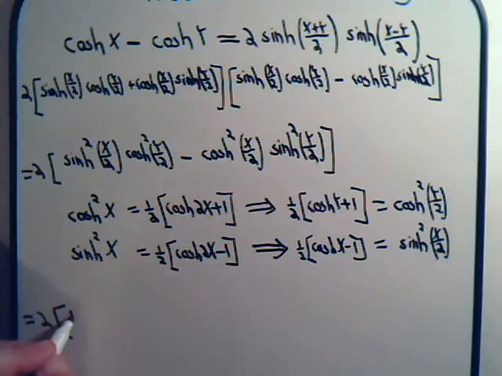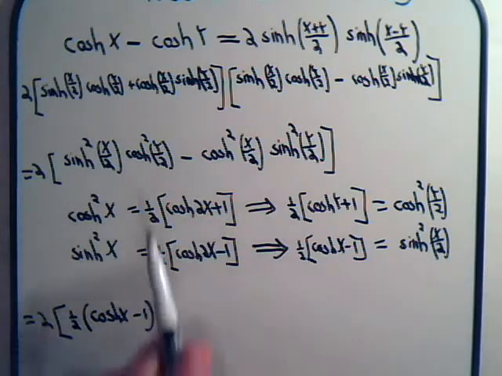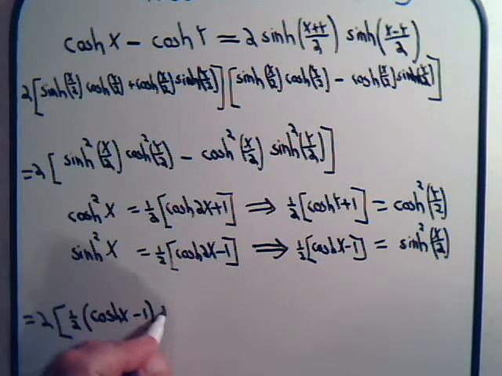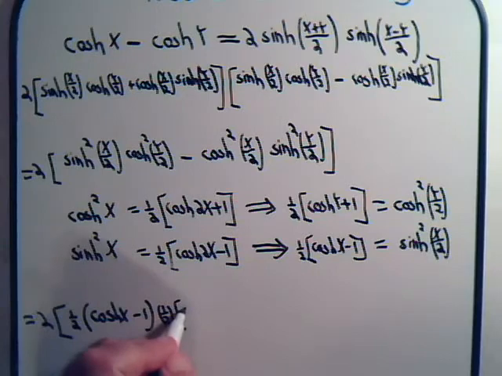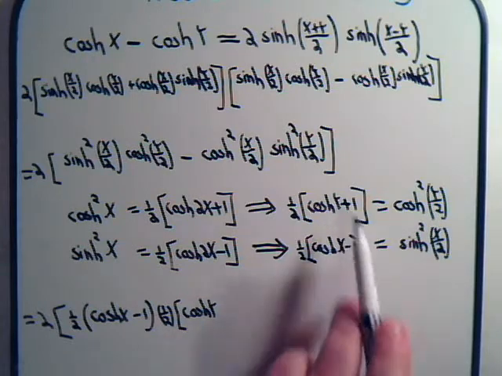So we have 1/2 and we have the hyperbolic cosine of x minus 1. And then for this, we have this term here times 1/2 of the hyperbolic cosine of y plus 1.